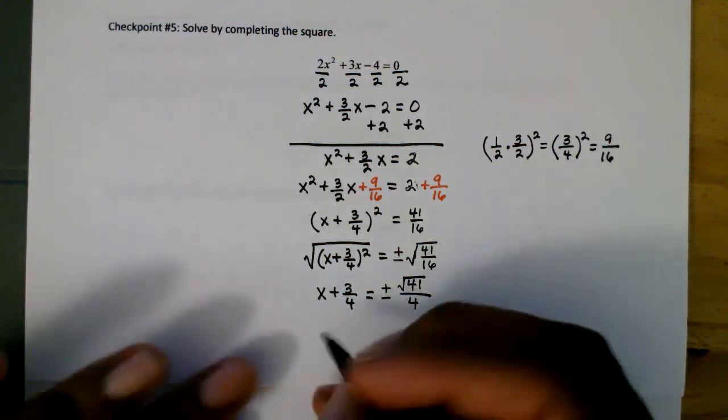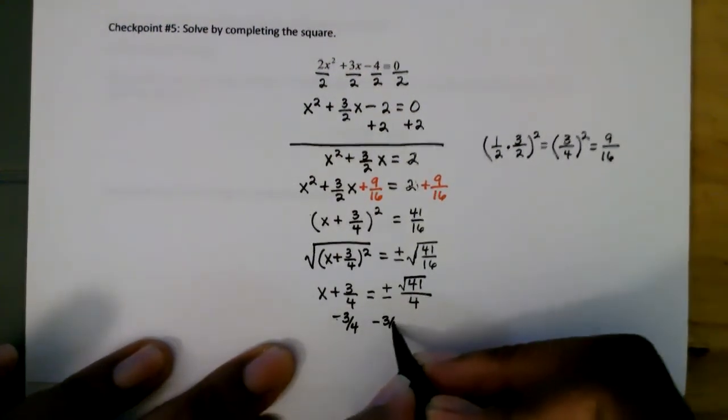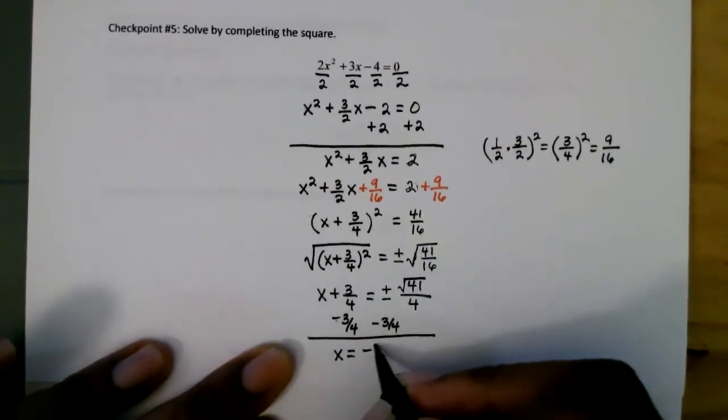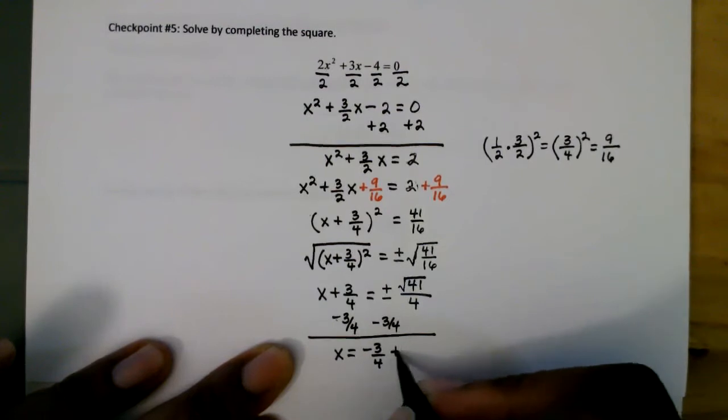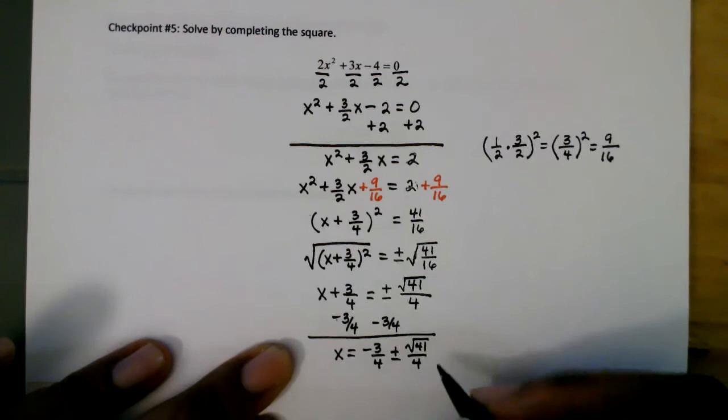And now to solve for x, I need to subtract 3/4 on both sides. So my final answer will be this. X is equal to negative 3/4 plus or minus the square root of 41/4.